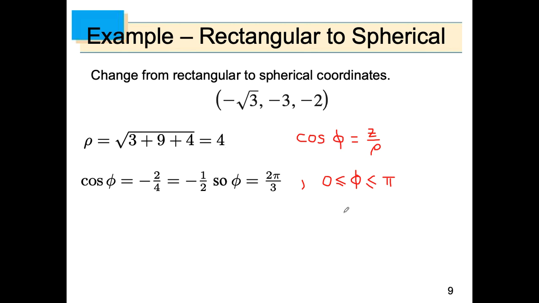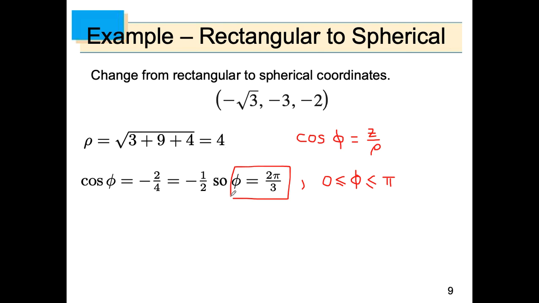So where is cosine of phi equal to negative 1/2? That's going to be past pi over 2, but not past pi. The next point where cosine is going to be negative is at 4 pi over 3, which would be outside the bounds of our requirement here. So please don't forget this fact. That way you'll know that phi is definitely going to be 2 pi over 3.